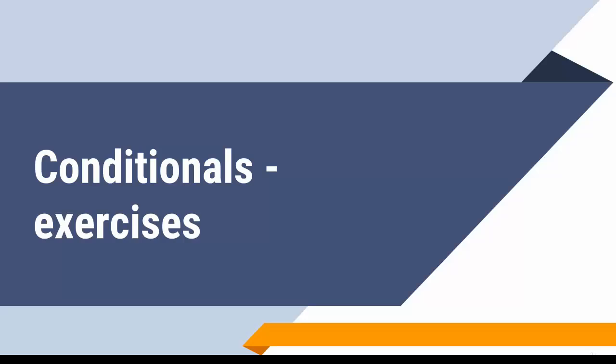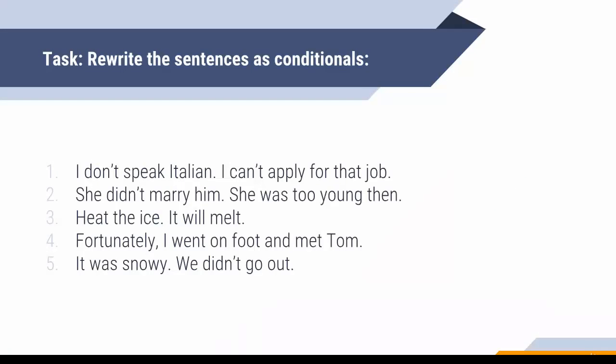Here we are in our next exercises video. So the instructions of these two exercises: conditionals 0, first, second, third. The first one, rewrite the sentences as conditionals. I don't speak Italian. I can't apply for that job. Look at the situation.